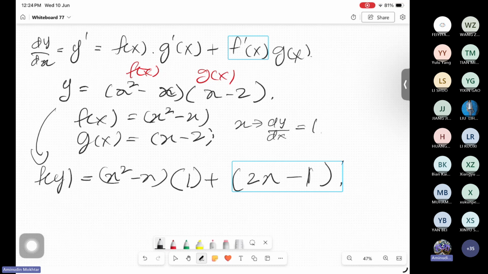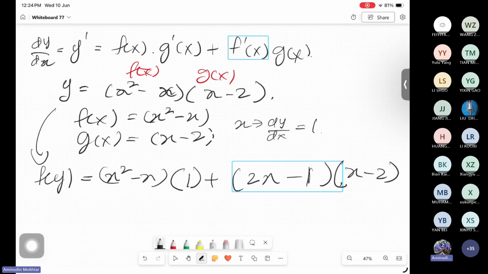And then we just copy again the question. Be careful when you write your answer. Make sure you follow the procedure: fx times first derivative of gx plus first derivative of fx times gx. In order to find the answer, we need to simplify the equation.